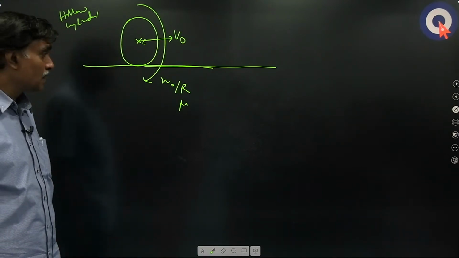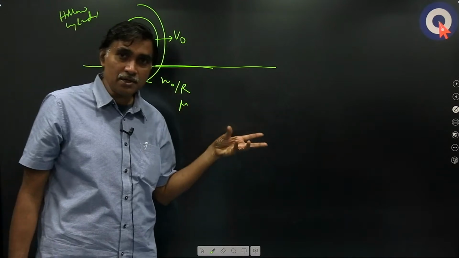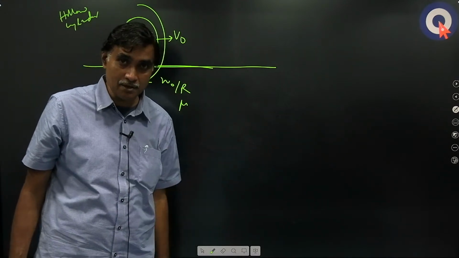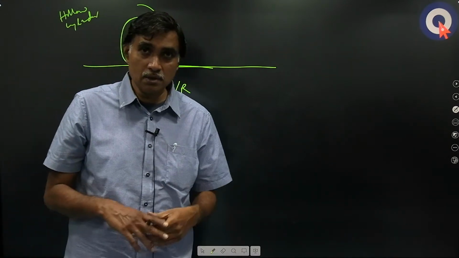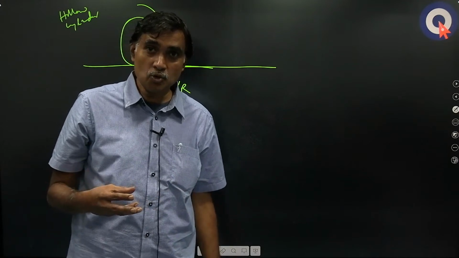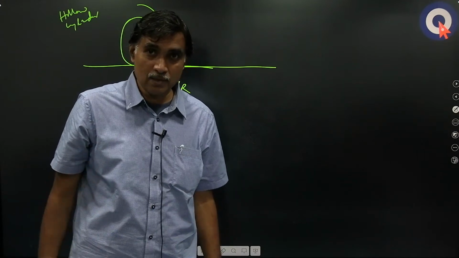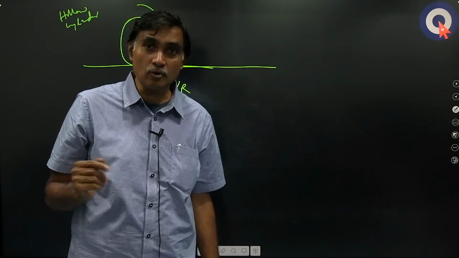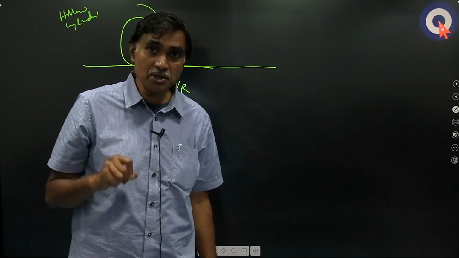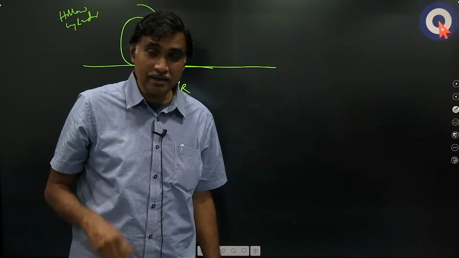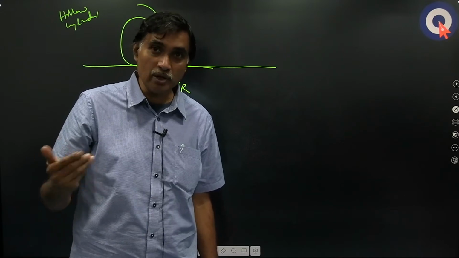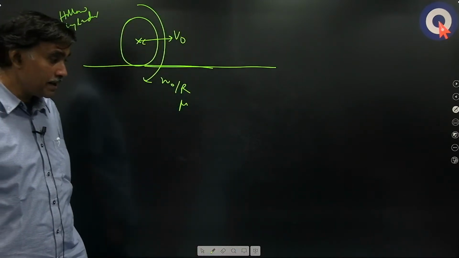So what type of friction acts when it is slipping? Kinetic friction. And what will kinetic friction do? Kinetic friction acts to attain rolling, and static friction acts to maintain rolling. Static friction tries to maintain rolling. Kinetic friction tries to attain rolling motion.